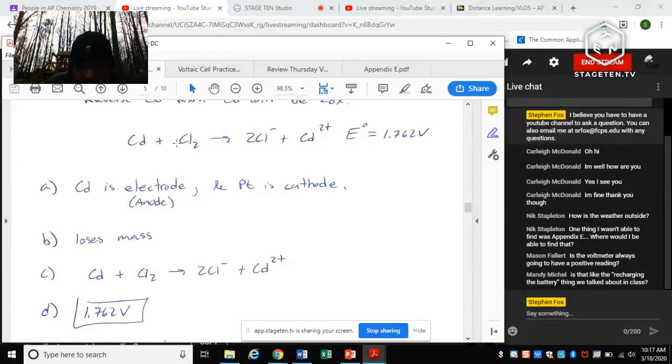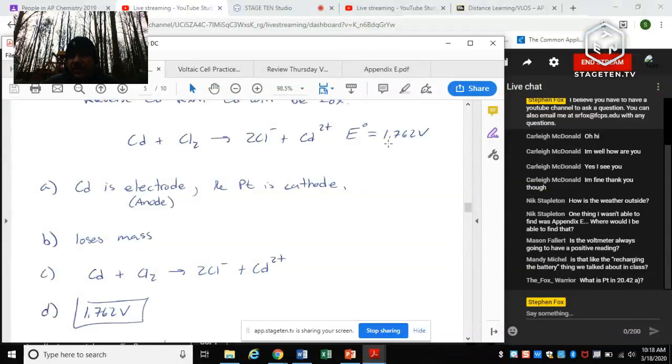Cadmium will spontaneously be oxidized by chlorine, and chlorine will be spontaneously reduced by cadmium, but the other way won't happen. It doesn't mean it can't happen. You just have to supply a voltage higher than the voltage of the spontaneous reaction. Okay. But yeah, for a battery, you have to have a redox reaction that has a positive cell potential.